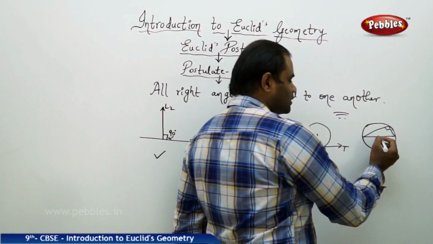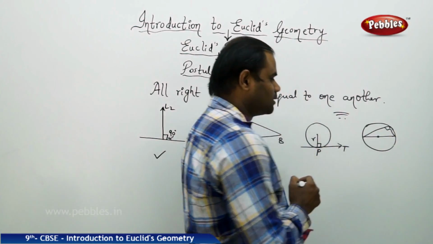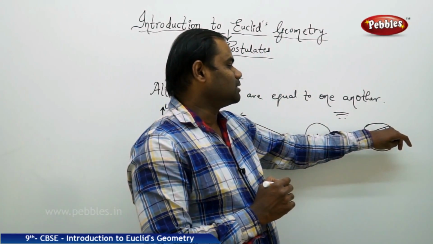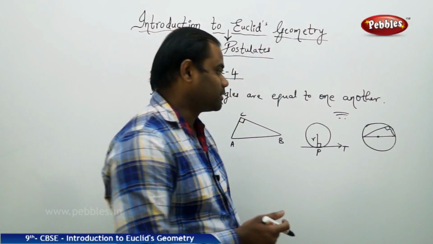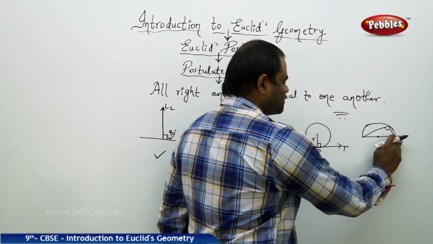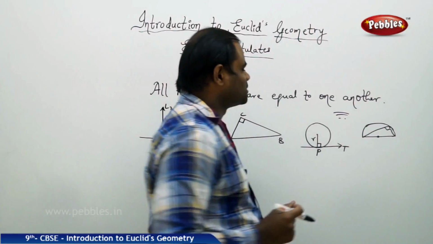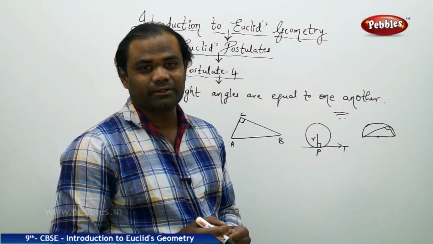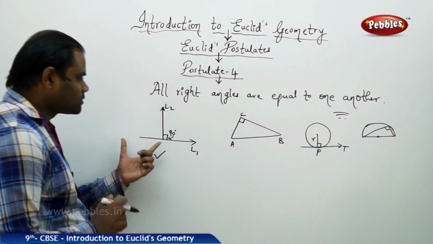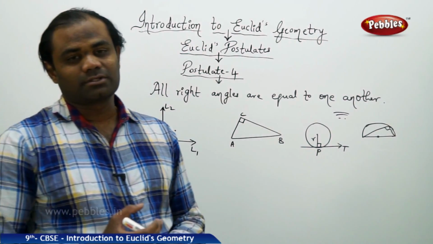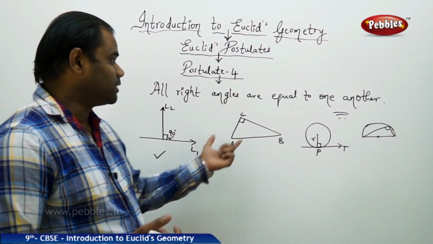Similarly, I take a circle which passes through the center of the circle, then this is called the angle in a semicircle, which is 90 degrees. So this is how I justify the property. In a semicircle, the angle is 90 degrees. So in each case we have 90 degrees, which is different in different situations.